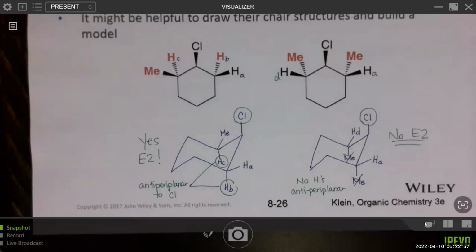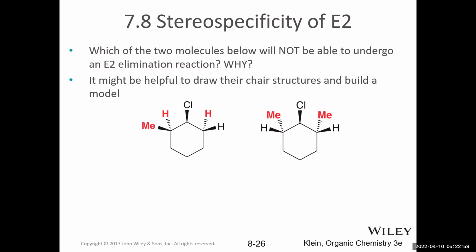So when you're looking at this, you don't always have to draw the chair structure. What you can remember is that in order for a hydrogen to be removed, it has to be opposite the leaving group. So if the leaving group is on a wedge, then the only hydrogens that can be removed are those on a beta carbon that are on a dash. So both of these are possible to remove.